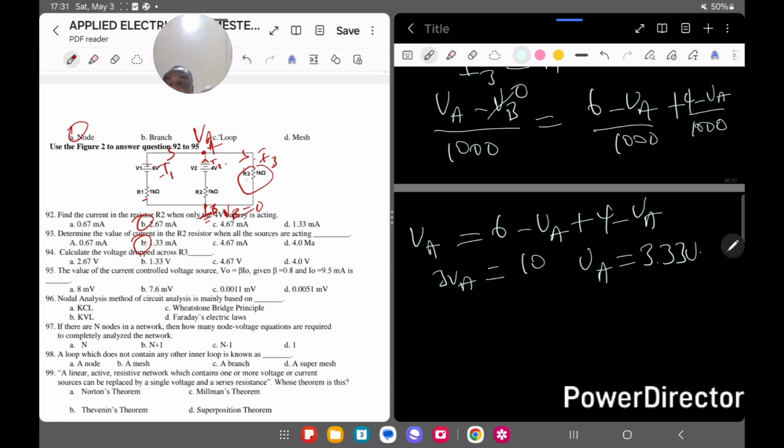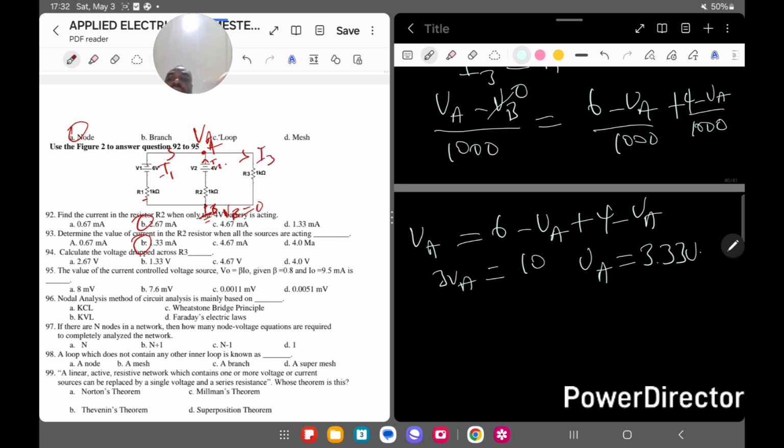When you look here, the voltage across R3 is going to be what? 3.33 volts. Why? Because there's no other voltage inside that branch, right? And it ends at VB. Or if this is hard for you to understand, you can find the current, which is I3 here.